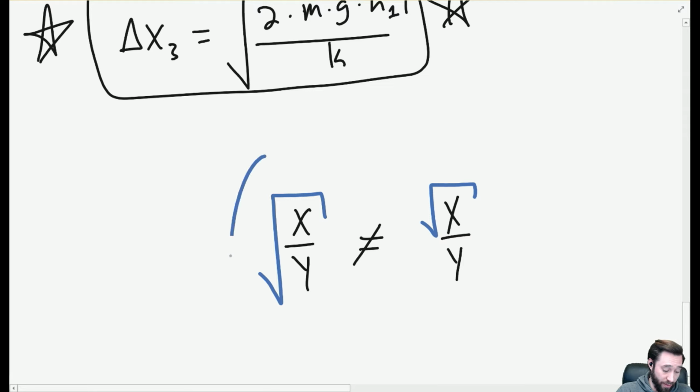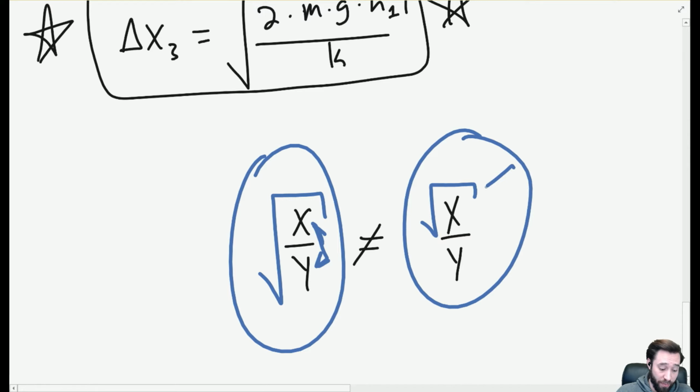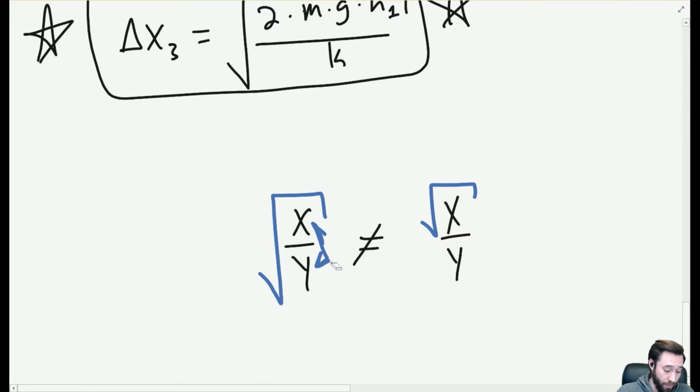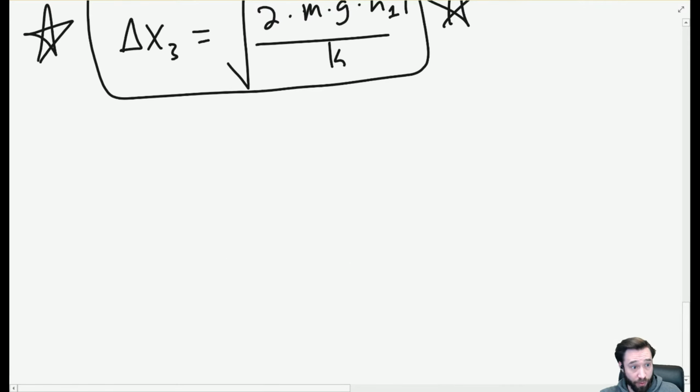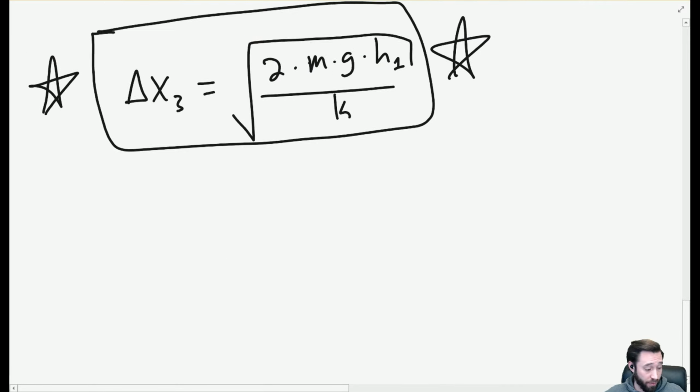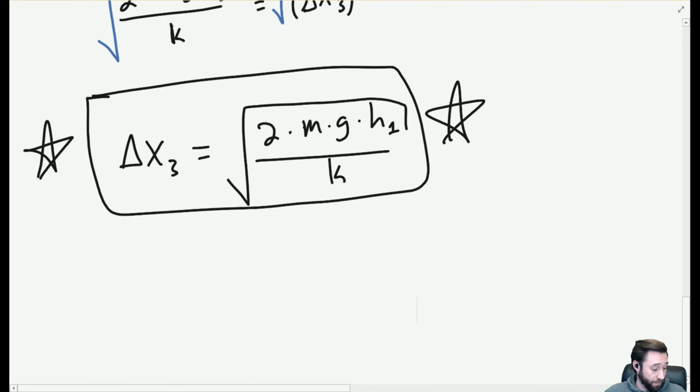The radical in this case is applied to the numerator and the denominator, but in this situation, it's only being applied to the numerator. So when you're writing this down, make sure that the radical goes all the way down. Since I haven't seen your handwritten work this year, I don't know if that's applicable to you.